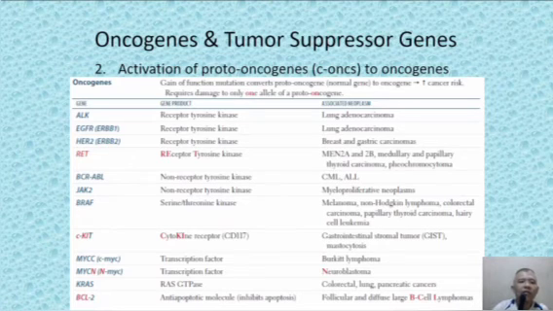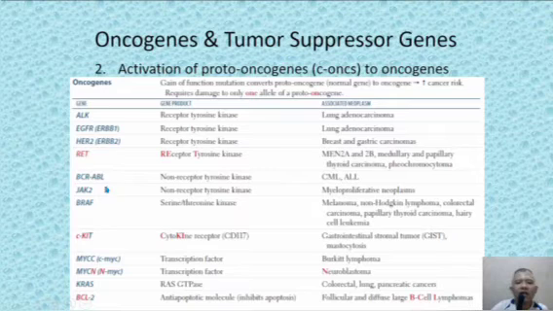These are examples of oncogenes. So for example, ERBB1: lung adenocarcinoma. ERBB2: breast carcinoma and gastric. RET oncogene leads to multiple endocrine neoplasia.